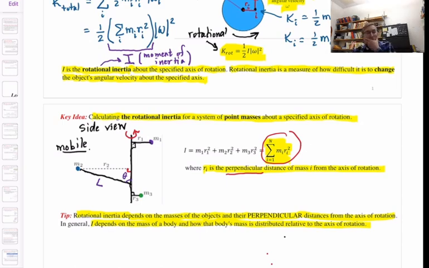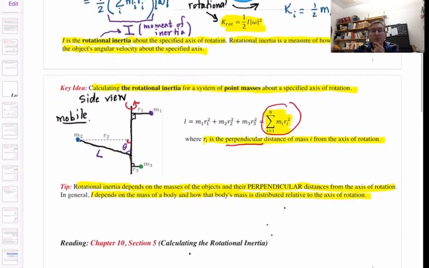All right, now I'm going to go on to Chapter 10, Section 5. So the reading there would be Chapter 10, Section 5, calculating the rotational inertia. So this gets at the following idea. What if the object that is rotating isn't just a handful of point masses, but is a fully extended body rotating about a fixed axis, like that disk I just showed you up above.